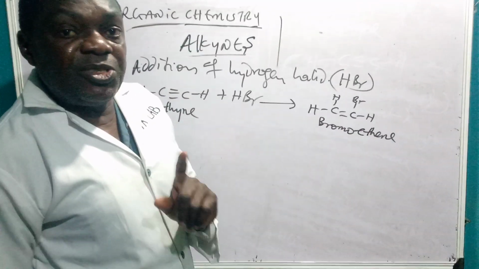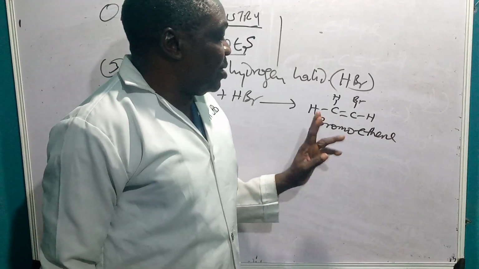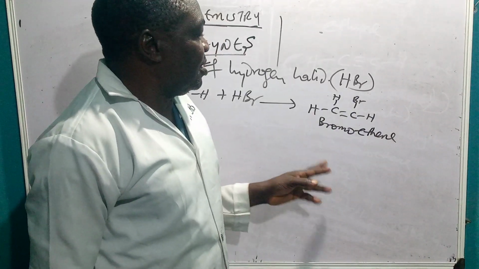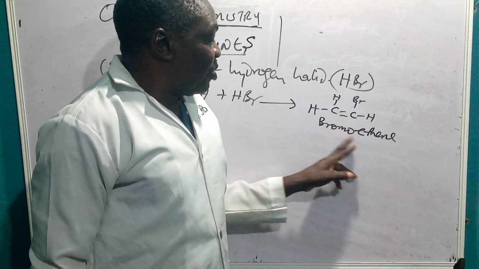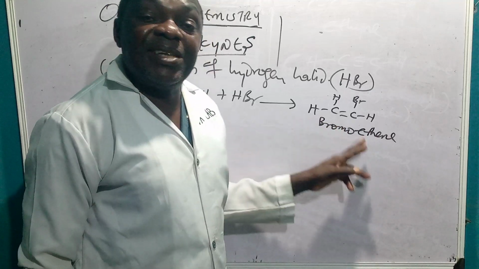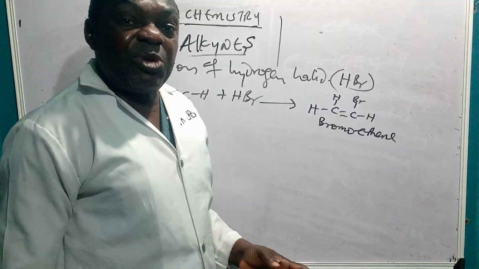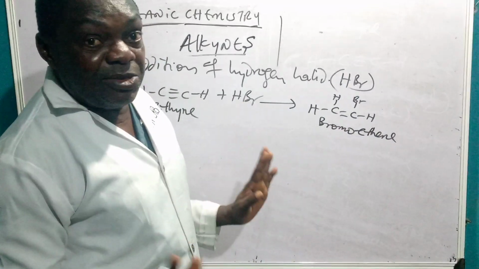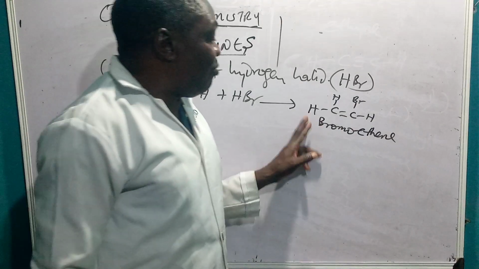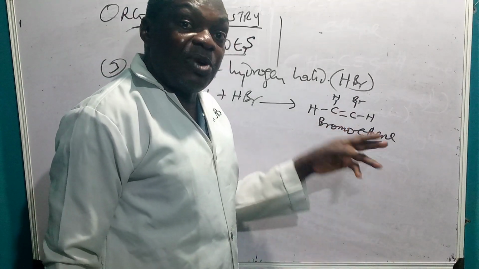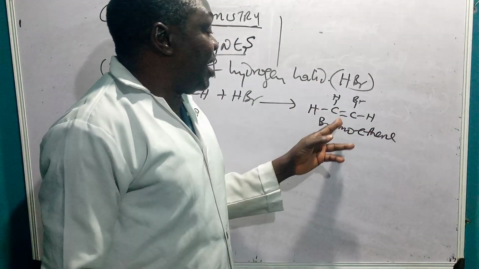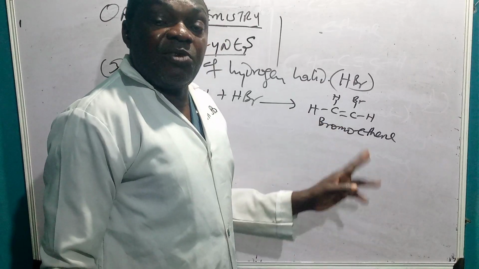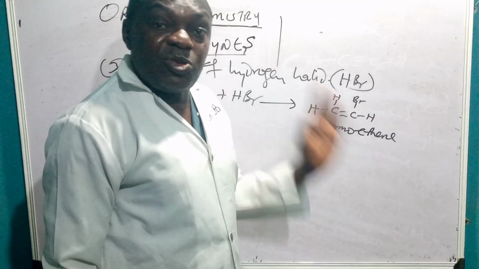In some of your examination bodies, if you have bromoethene, they can put 1-bromoethene, it's still the same thing. It's just like somebody having X and the other one having 1X. They are all the same thing. I've seen some of those past questions, they usually use 1-bromoethene, but the real name is bromoethene. Both of them are correct.